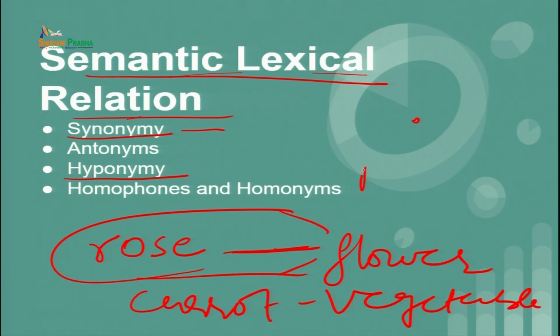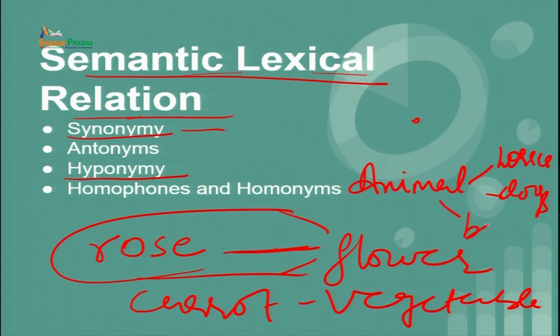When you refer to animal, there are horses, dogs, birds, etc. So, the meanings are inclusive, or you can say the relationship is such that you find the meaning of one in the other.